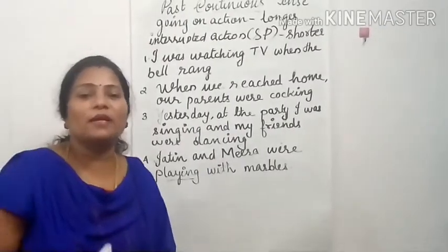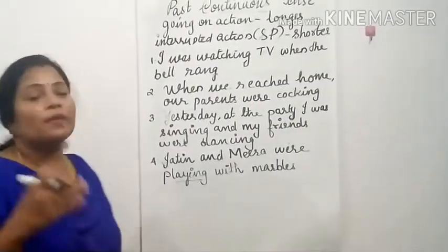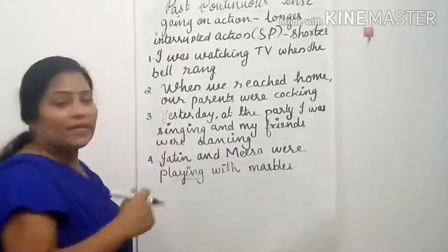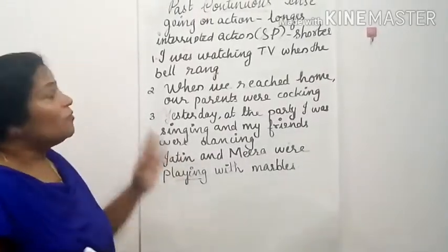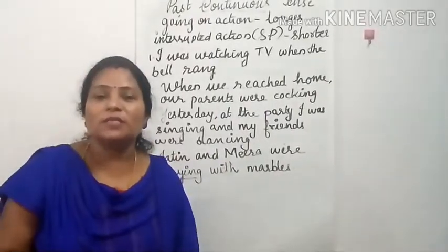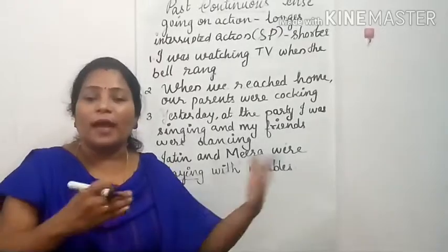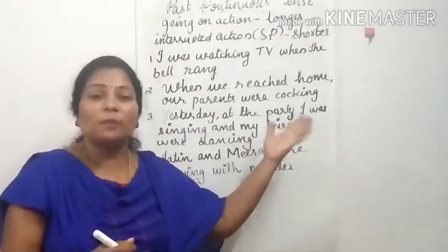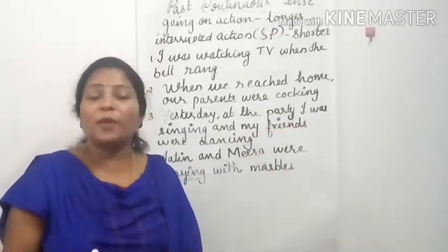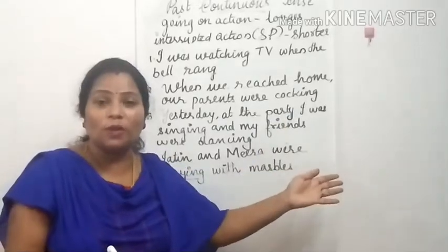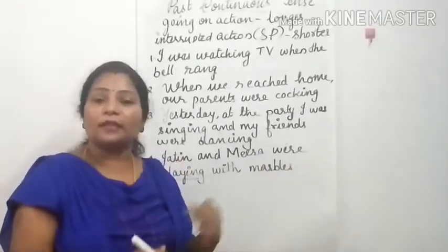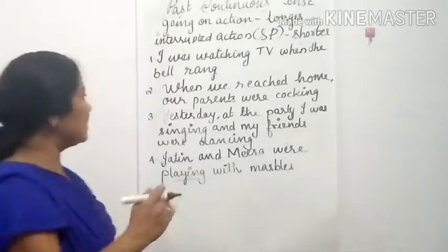Now let's make our past continuous tense more clear with some more examples. So we said that past continuous are actions that were going on sometime in the past, or it can be actions that were going on when another action interrupted. So let's see the example.